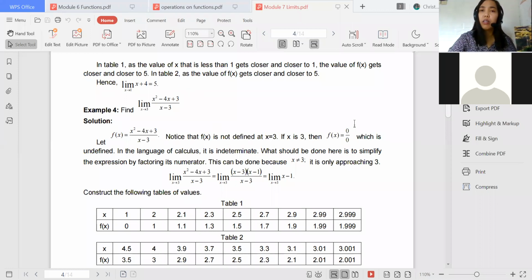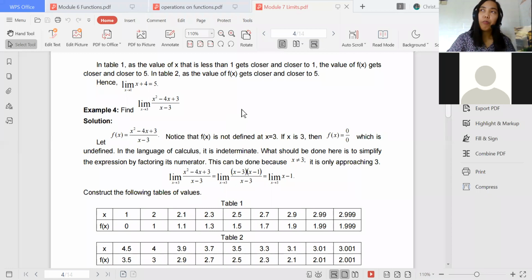Then f of x is equal to 0 over 0. 0 over 0 class is undefined. Okay? Any number divided by 0, the answer is undefined. In the language of calculus, we call that indeterminate. We call this indeterminate form. So what should be done here is to simplify the expression by factoring its numerator.